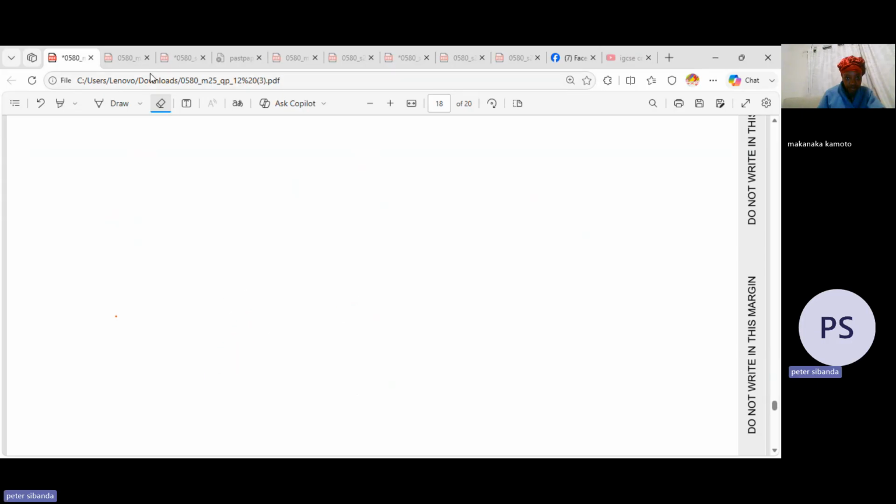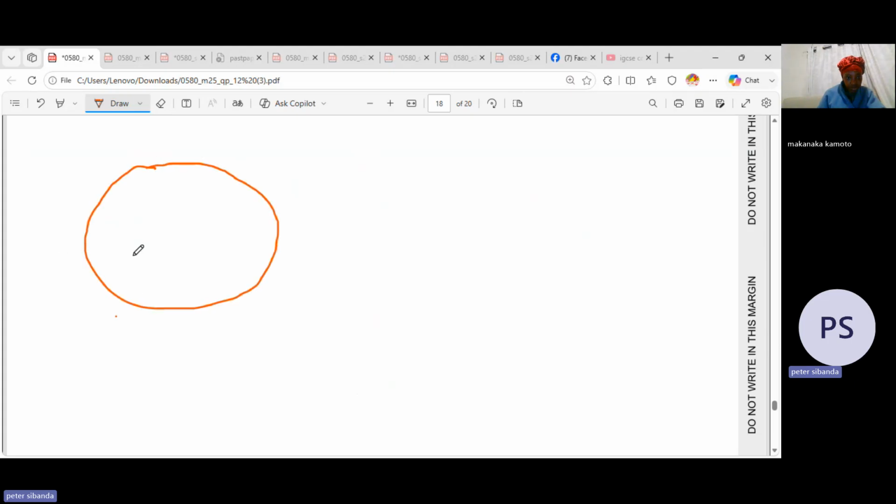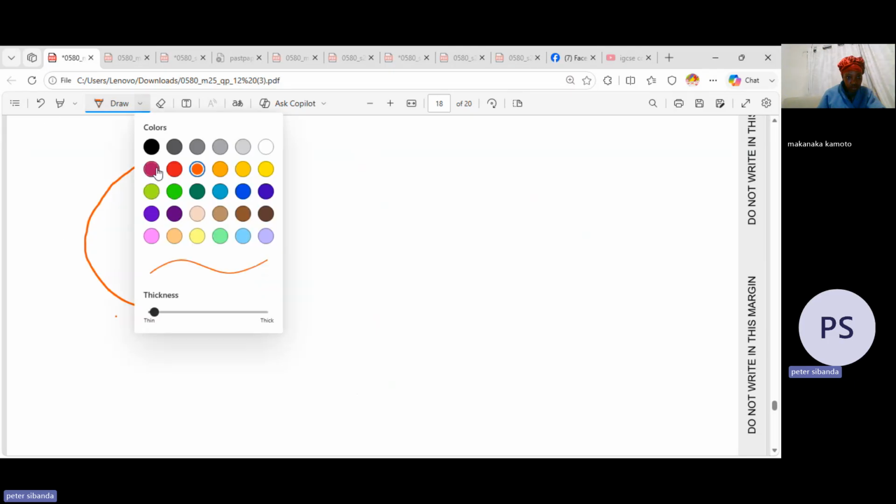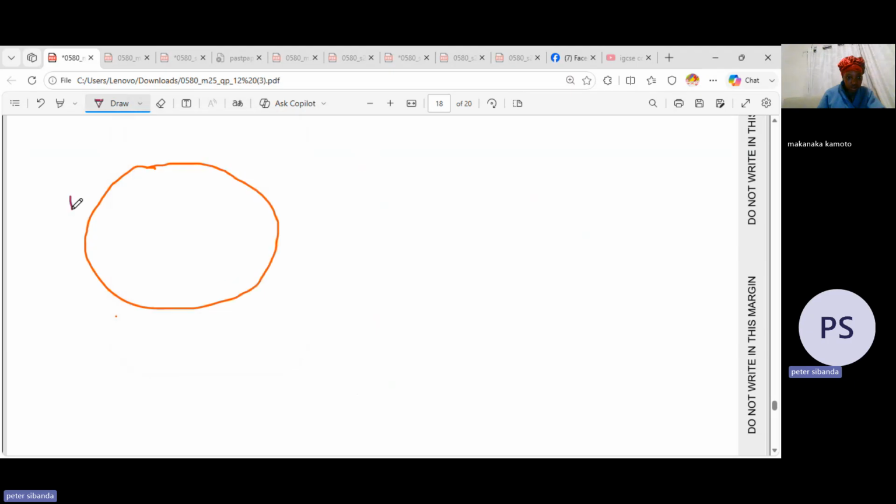So if I draw a circle like this, and then I draw a tangent, which is a straight line that touches the circle and passes. It doesn't cut inside. It just touches like this and passes. There is that point of contact.